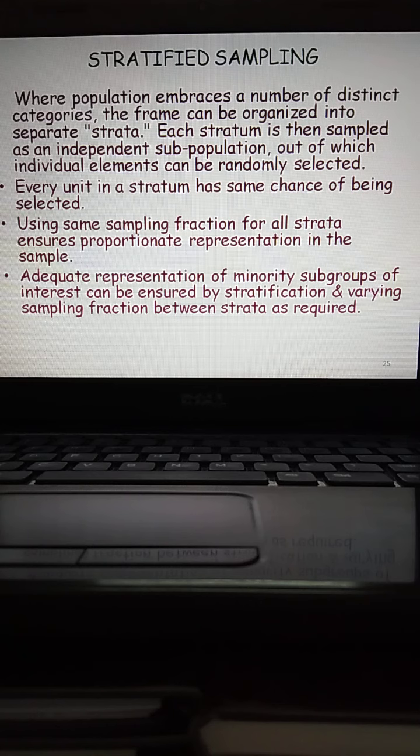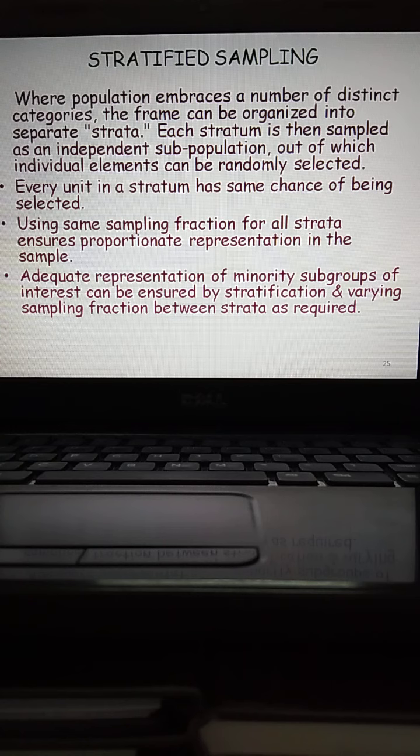Then what is a stratum? A stratum is nothing but a homogeneous subgroup of the population units. This is very, very important. Again, from each stratum, the wanted number of items will be picked up.